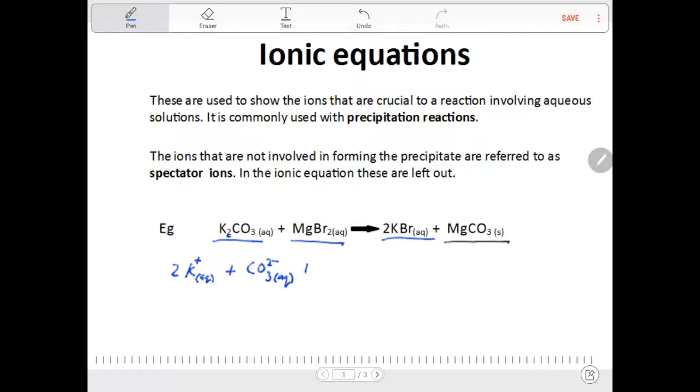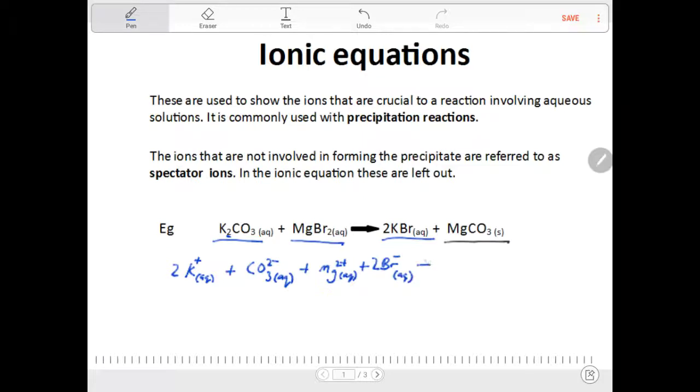Okay, then we've got magnesium ion, which is also aqueous, and bromine. You'll notice there are 2 of those, so we put a 2 out the front. Which is minus.